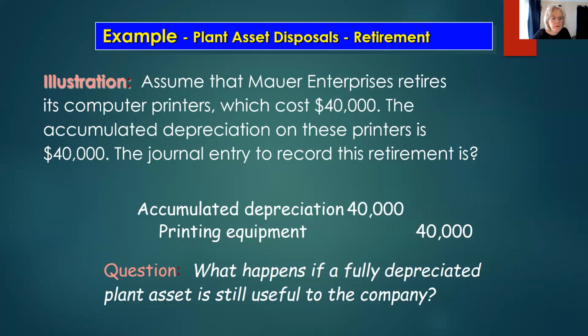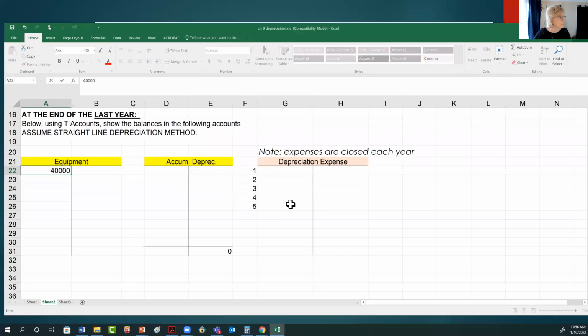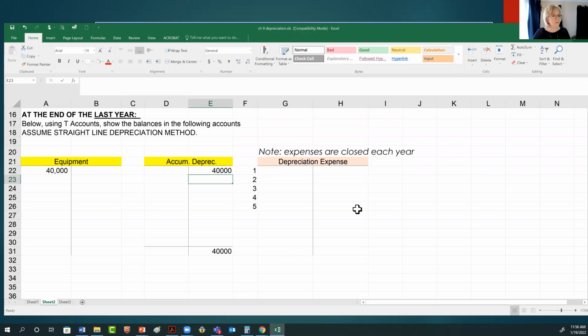In this case, I'm just going to put the ending balances here. We have equipment and accumulated depreciation, and I'm not going to worry about depreciation expense right now because I'm going to assume depreciation expense is all caught up, but I'm not going to track that.